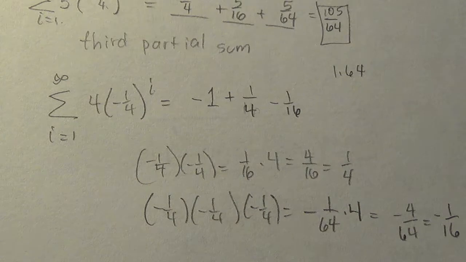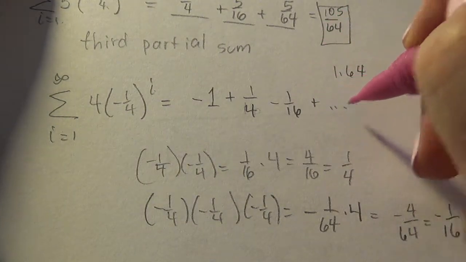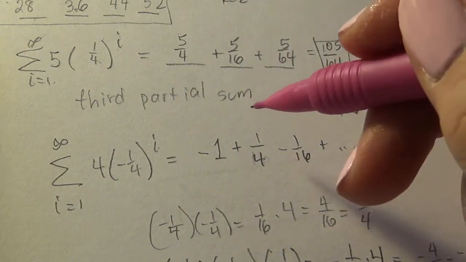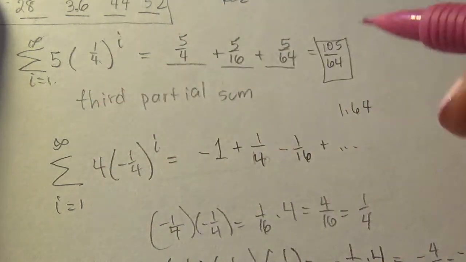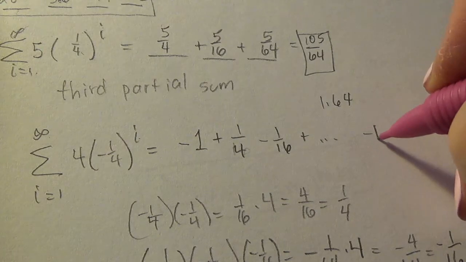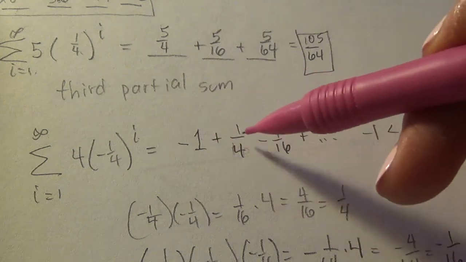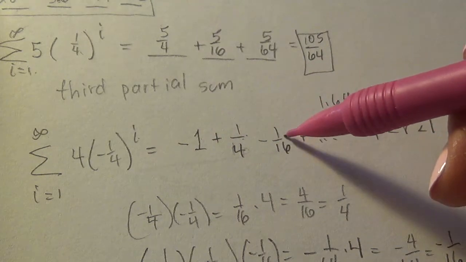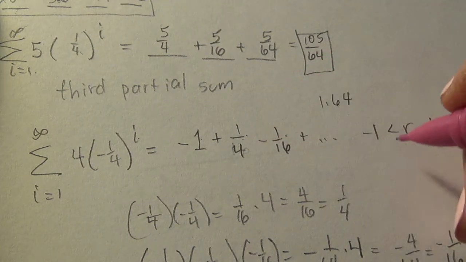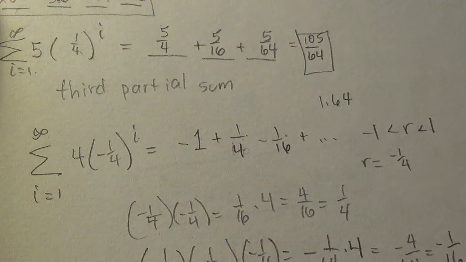So, all right, this is going to go on for an infinite number of steps, and our job is to figure out the sum to infinity. We can only do that if r, the common ratio, is between -1 and 1. So what am I multiplying this by to get this, and this by to get this? Well, you can see that I'm multiplying by -1/4. So, is that between -1 and 1?